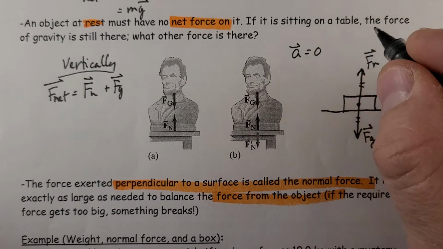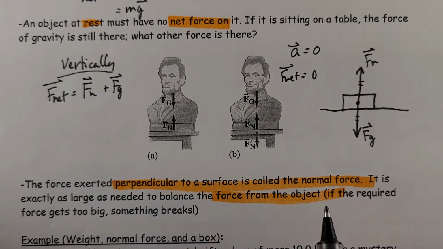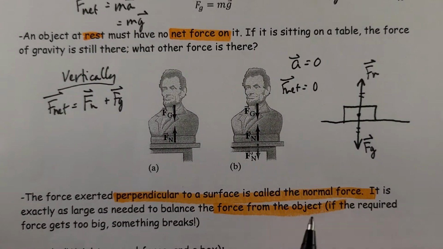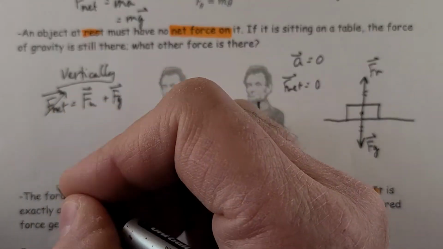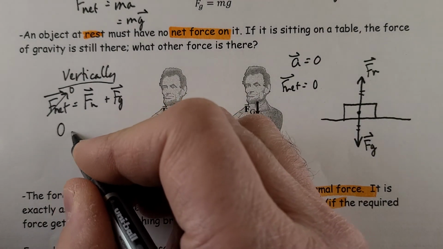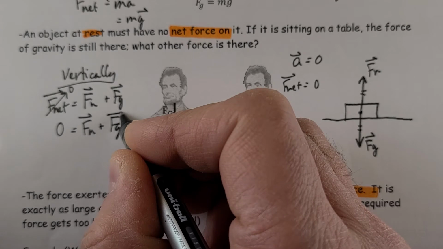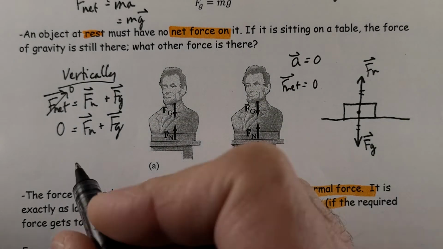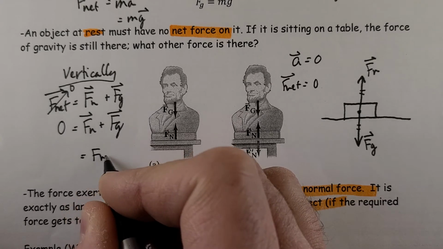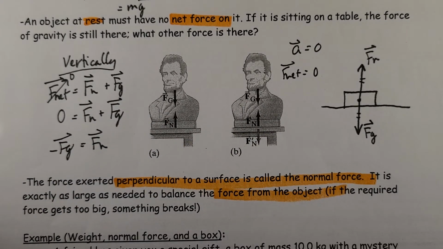So of course that means that F net must be zero as well, because if acceleration is zero, the net force must be zero. So the sum of these two forces must be zero as well. Or if I subtract Fg from each side, we could say that the normal force is equal to the opposite of Fg.